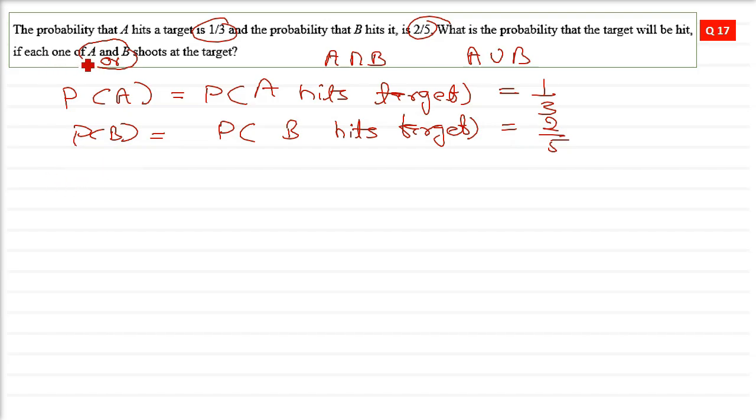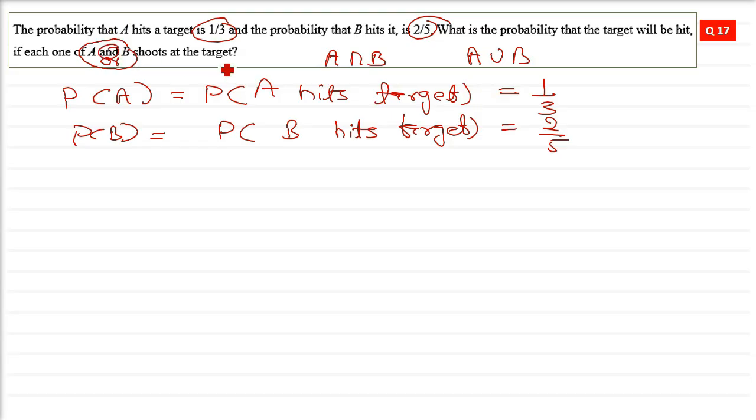We have to find out if each one of A and B shoots at the target. Now you have to see this word, each one of A and B. Each means A or B. I hope you have got the idea. A and B always represent intersection.